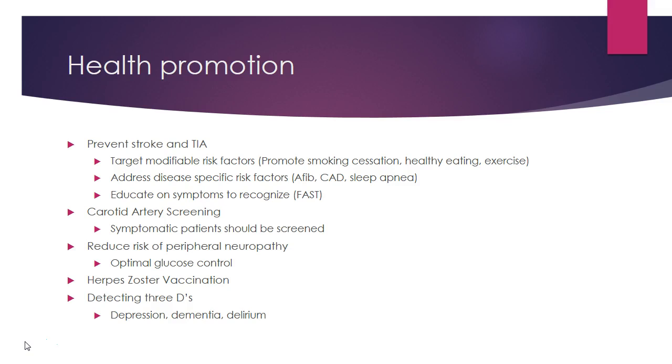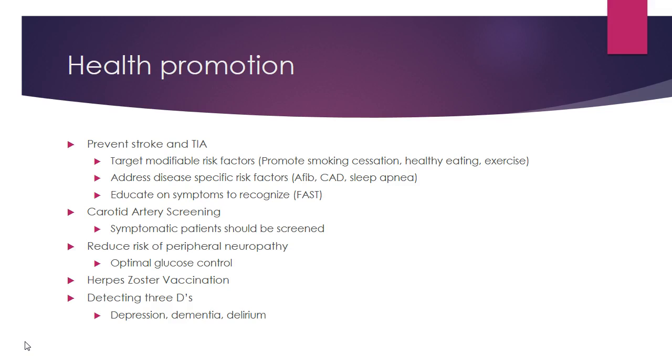And then to detect the 3 Ds. What are the 3 Ds? Delirium, dementia, depression. How can we help detect it? We can use the Confusion Assessment Method, which asks: is there any acute change in their mental status and fluctuating course? Is there inattention? Do they have difficulty focusing? Are they having disorganized thoughts?